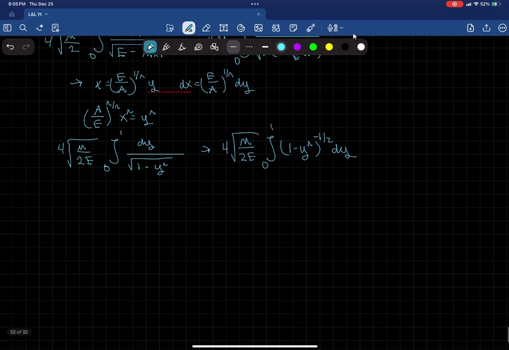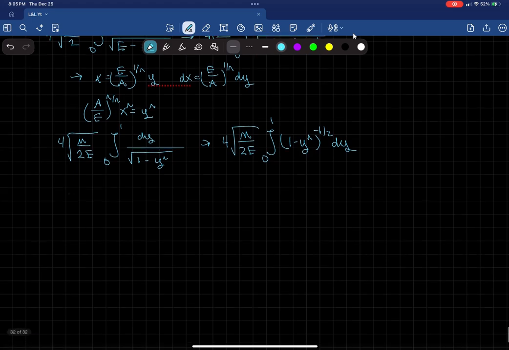And if I make a second substitution here, where u equals y to the n, therefore du equals n y to the n minus 1 dy. So solving for dy, I would get dy equals 1 over n times y to the minus (n minus 1) du.